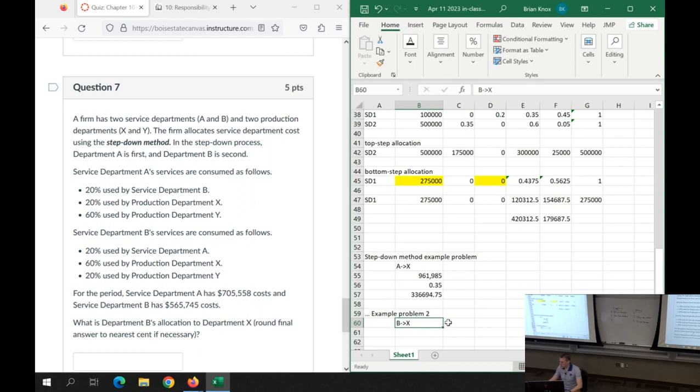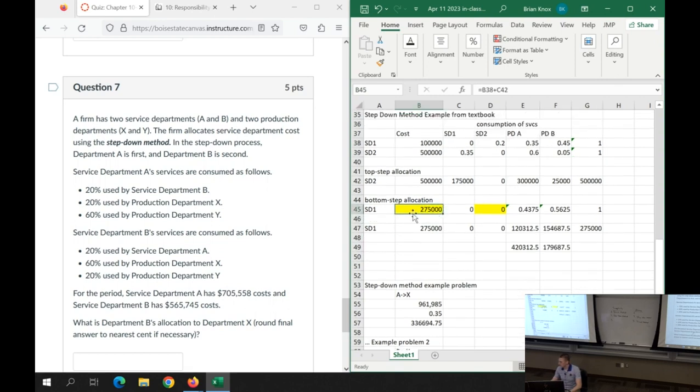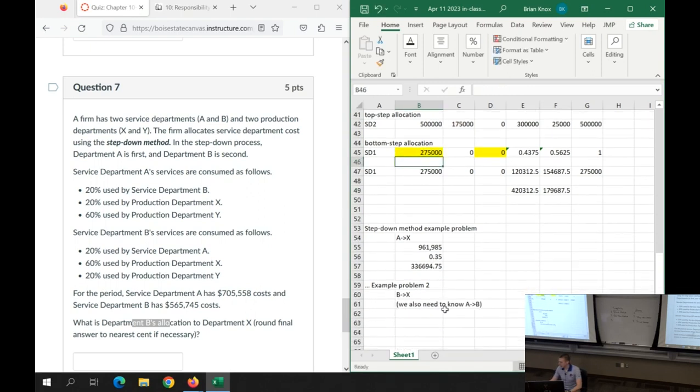The reason why this is more complicated is that we also have to solve for A to B. Because when we're doing the bottom step allocation, which is B is second, it's asking for B's allocation, it's not just its original cost, it's the original cost plus whatever the other service department gave to it. So we've also got to solve for A to B so we can get the right B to X. So let's work on A to B first.